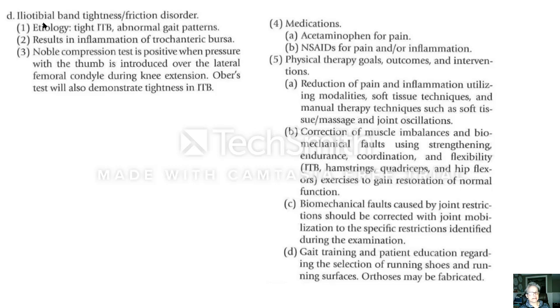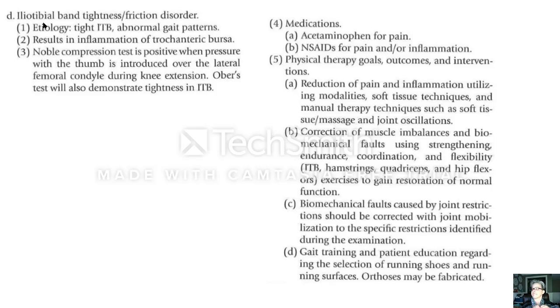The Noble compression test is positive when pressure with the thumb is applied over the lateral femoral condyle during extension. Ober's test will also demonstrate tightness in the ITB. So, Ober, Nobles, and Obers.